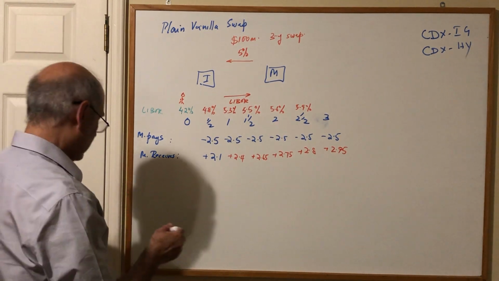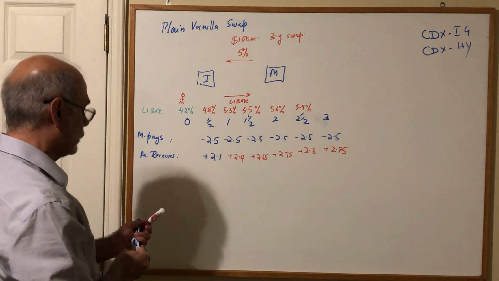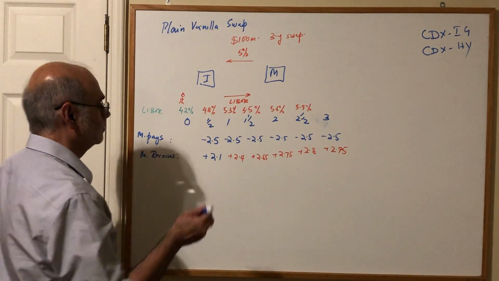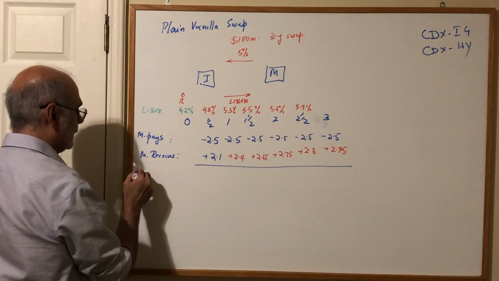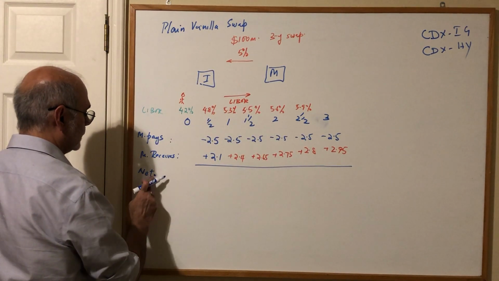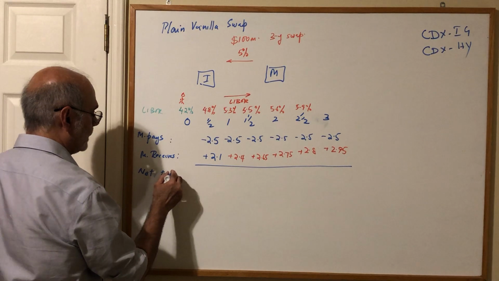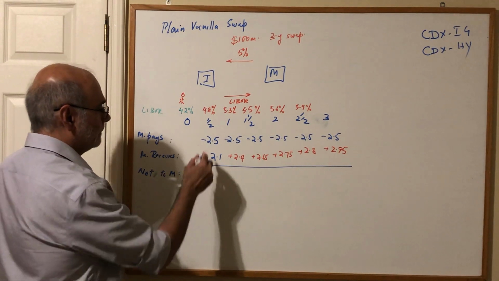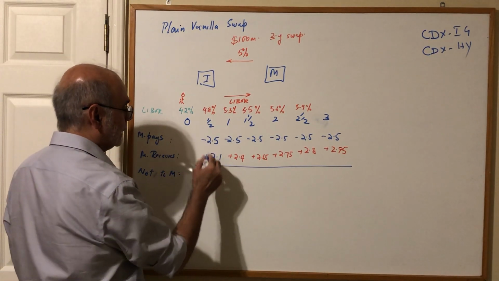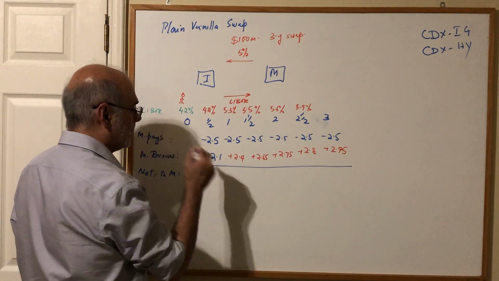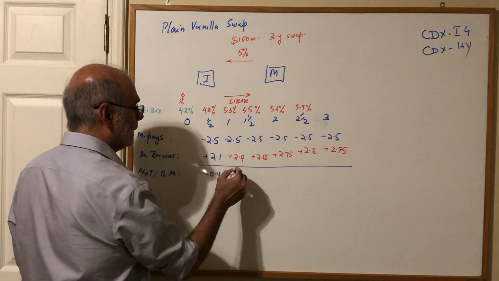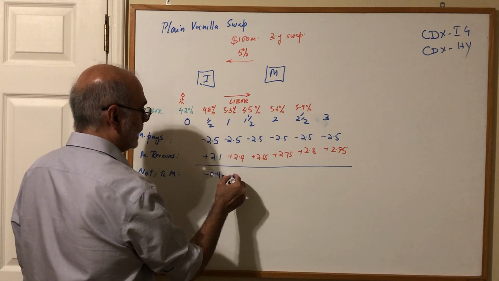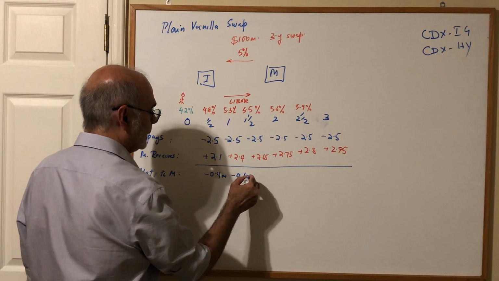Now, so let's look at the net cash flows. So let's calculate the net to Microsoft. Okay, first it's a negative cash flow. So let's net this out period by period. This is minus 0.4 million. Then it becomes minus 0.1 million.